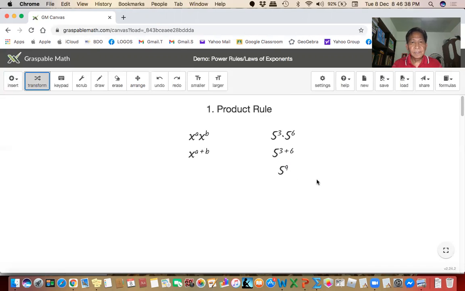All right, that's an illustration of the product rule. Try to draw conclusions about the exponents.